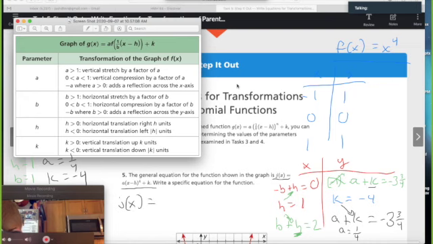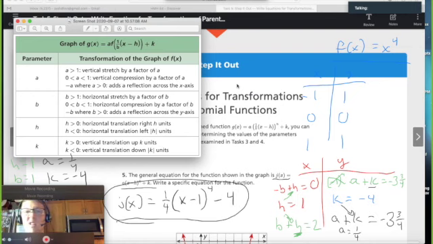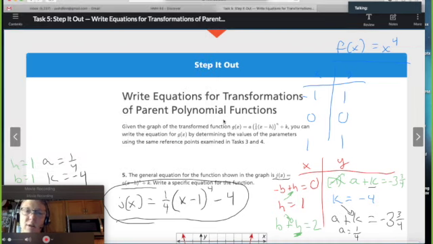J of x is equal to a, which is 1/4, x minus h, which is 1, plus a negative 4, which would really just equal minus 4. And that's how you do it. Too easy, right?